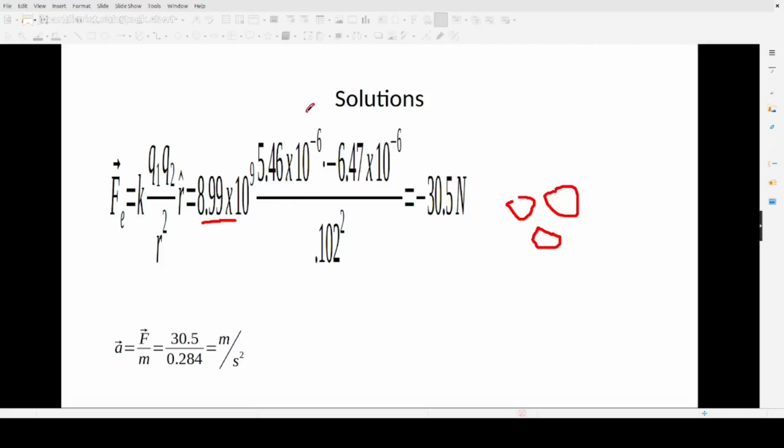These units are in coulombs now, not microcoulombs, because we need to keep everything in MKS so it's consistent with this constant. Now, 10.2 centimeters is 0.102 meters. Again, you have to keep it all in MKS. And I get negative 30.5 newtons. The negative here indicates that it is an attractive force. They're pulling inward.